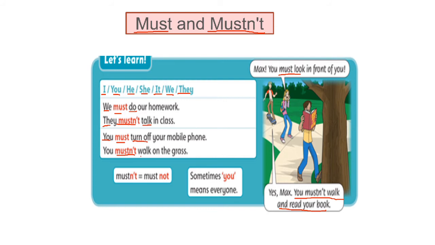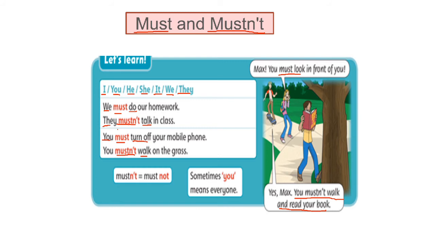It's not like the simple present that you have to add s or es at the end of the verb if the subject is she, he, or it. This is a simple one. You put the subject first, the person or people, and then the modal verb must or mustn't, and then followed by the base verb.